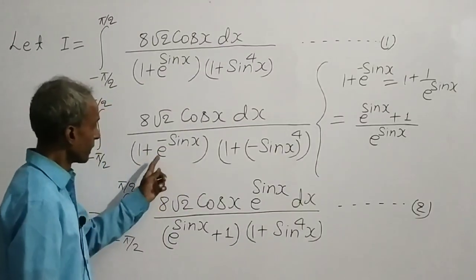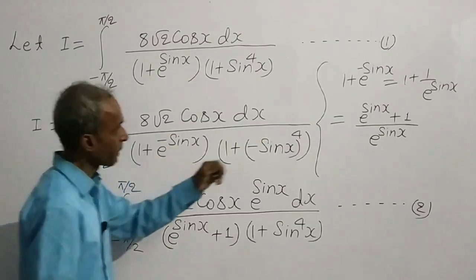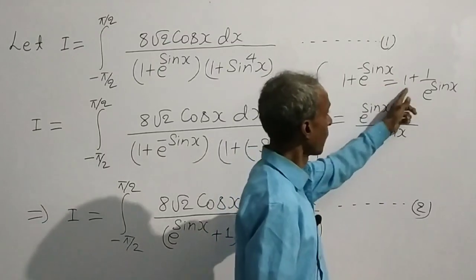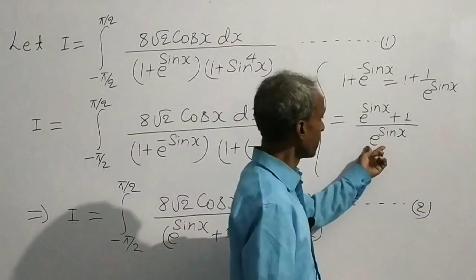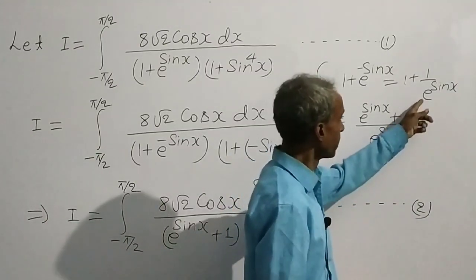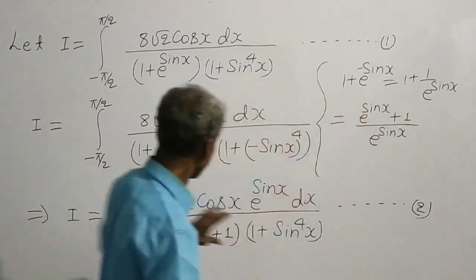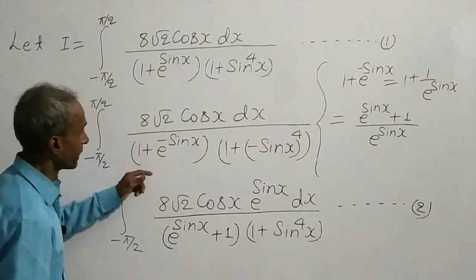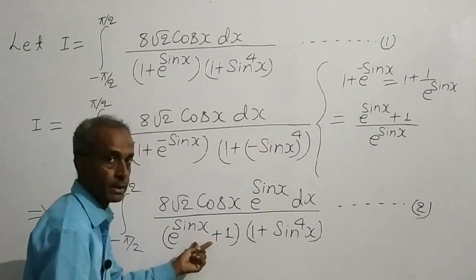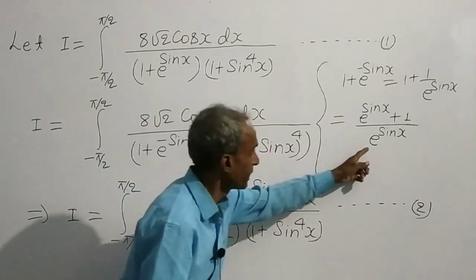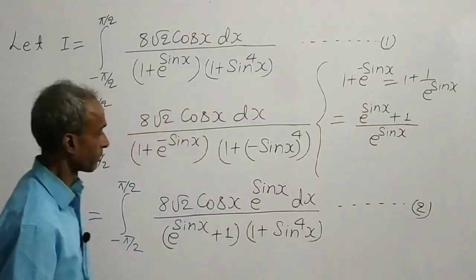Here is e to the power minus sin x. 1 plus e to the power minus sin x is equal to 1 plus 1 by e to the power sin x. Taking LCM e to the power sin x, this becomes e to the power sin x plus 1. When we write this expression here, e to the power sin x plus 1 will remain in the denominator, and this e to the power sin x will go in the numerator.